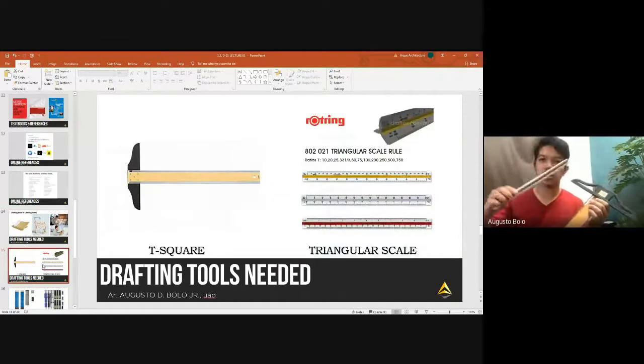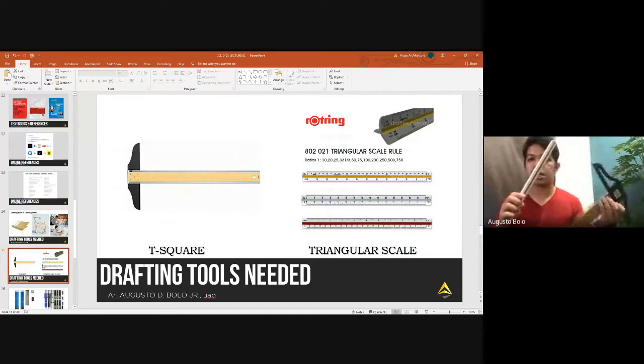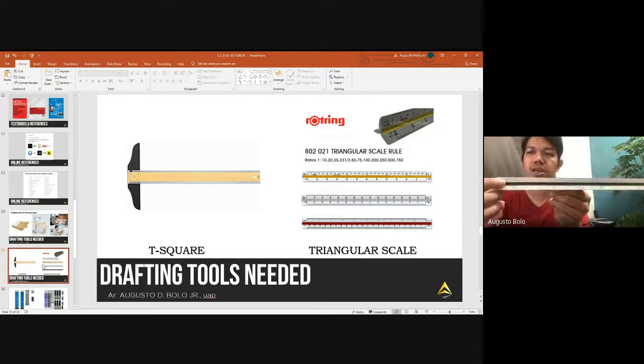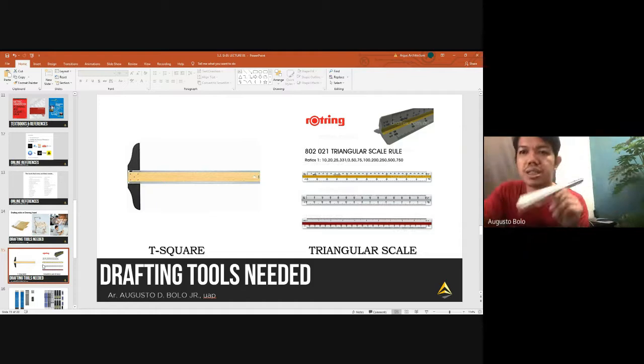Triangular scale ito. Very important din to. Isa sa mga importante. Yung mga nasa list natin are important one. Need not to buy, but it's important you to have it. Dito yung mga scale niya. Kung mapapansin nyo, pag nasa design tayo, nire-require yung, say for example, ang output na sinabi ng prof is draw 5 meters by 5 meters living area using 1:100.